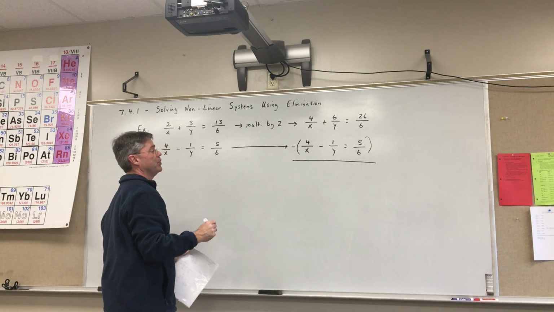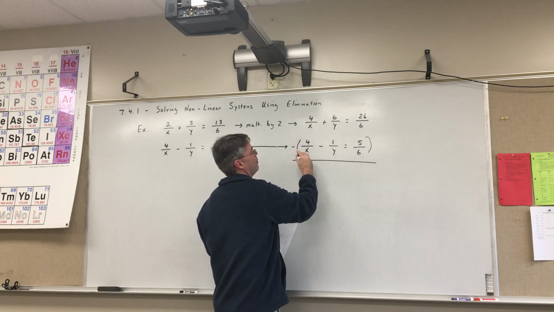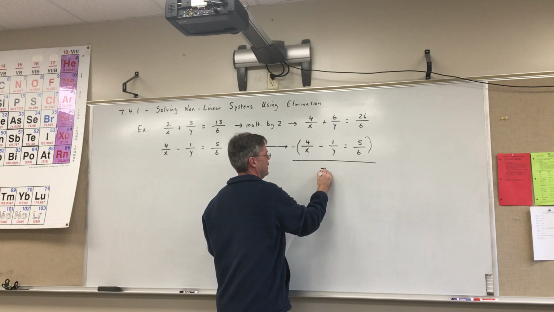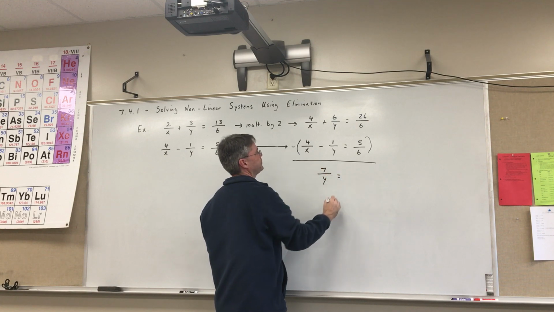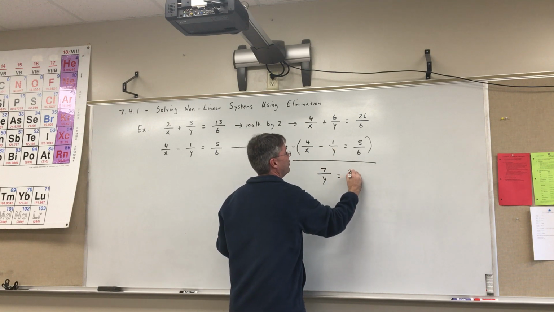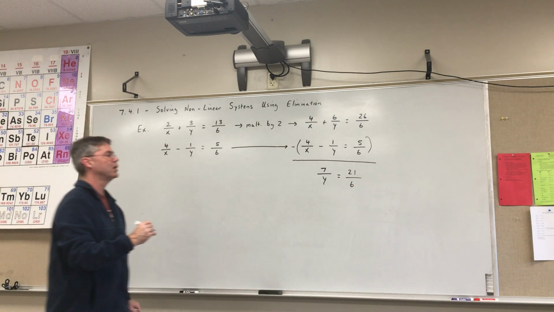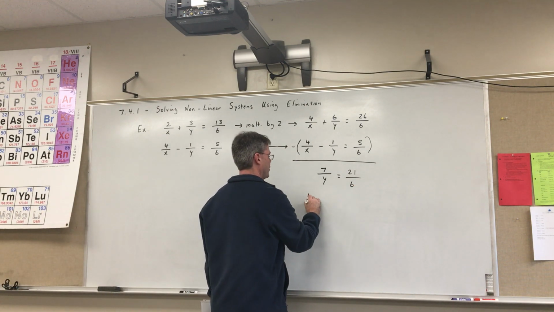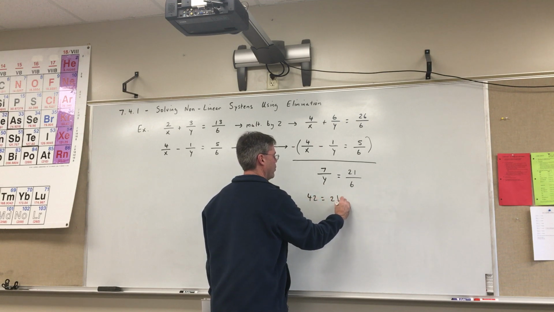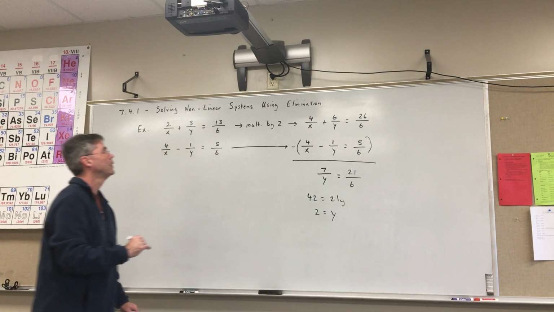So 4 minus 4 is 0, so that eliminates this column. 6 minus negative 1 is 7, so we'd have 7 over y. 26 minus 5 is 21 over 6. All right, so I'll cross multiply. 7 times 6 is 42 is equal to 21y, so 2 is equal to y.